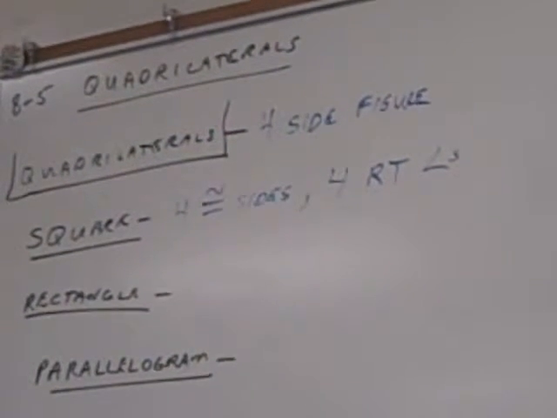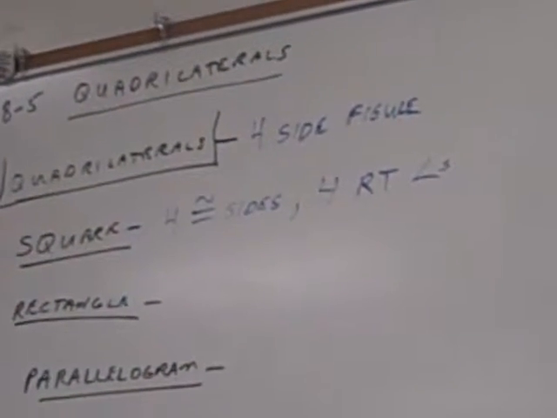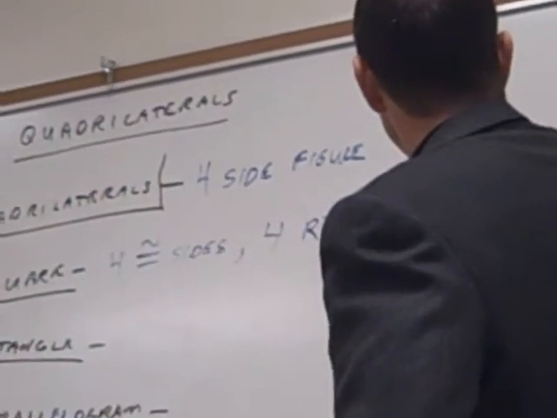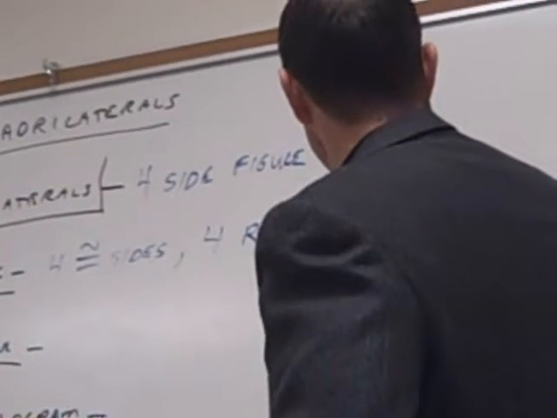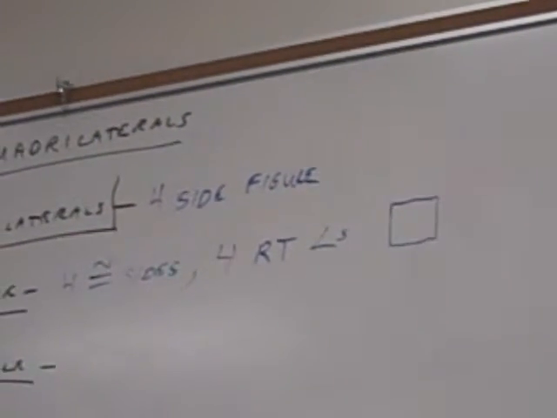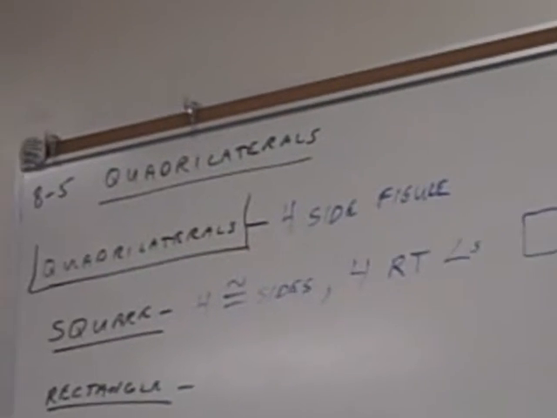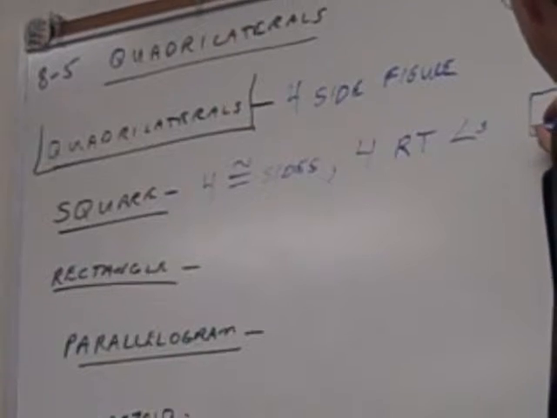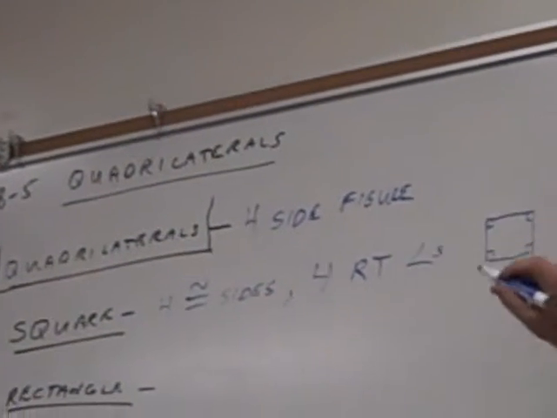Four equal sides, four congruent sides, four right angles. Now draw one like we did several weeks ago. What do we put in the corners or the vertices? Those boxes represent what? 90 degrees, right angles. So we put boxes there.